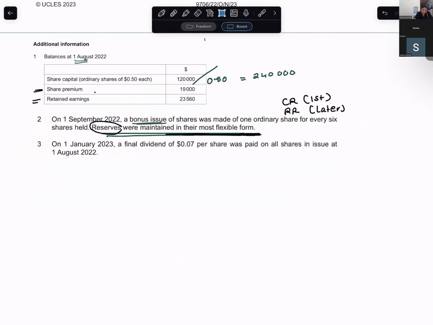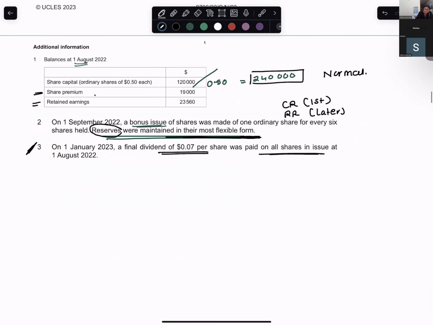Come on, read. Okay, so on 1st January 2023, a final dividend of 0.07 per share was paid on all shares in issue at 1st August 2022. 40,000 shares is your normal shares. How many shares did you give as bonus?